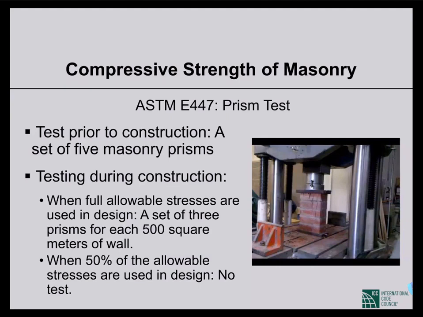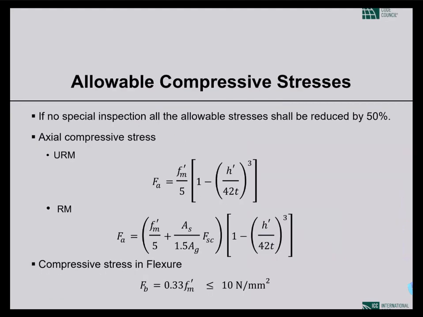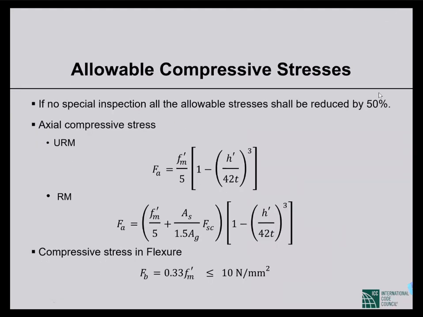So now what are the allowable stresses? The allowable stresses for axial compression, flexural compression, shear, etc., we'll see. But another important clause in the code is that if we don't take the help of special inspection, then we have to divide all these allowable stresses by 2.